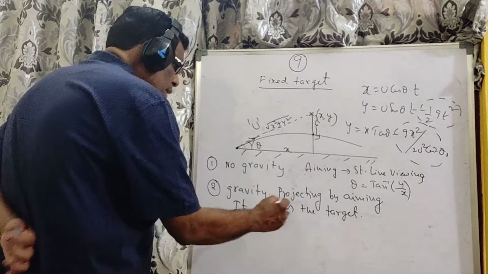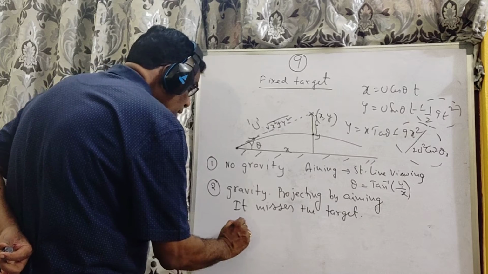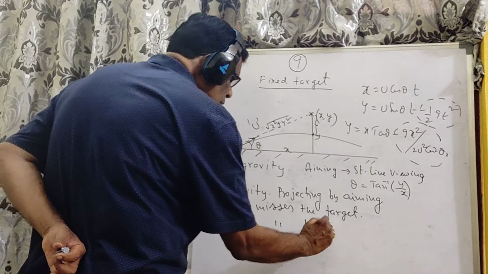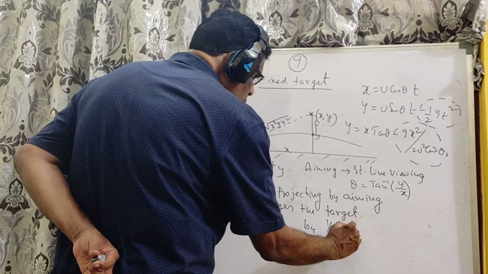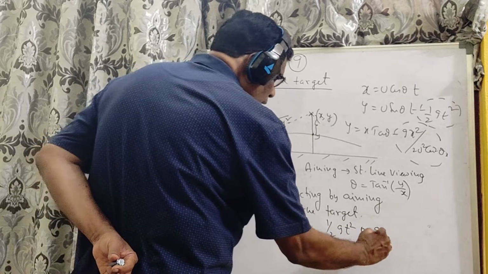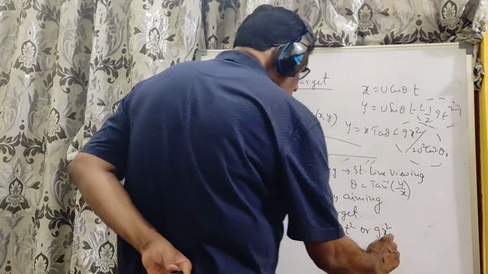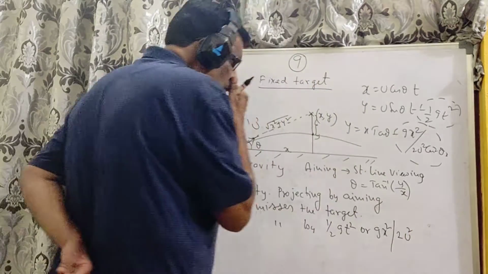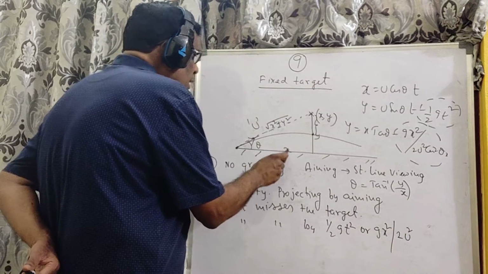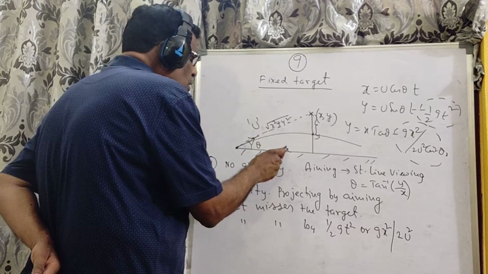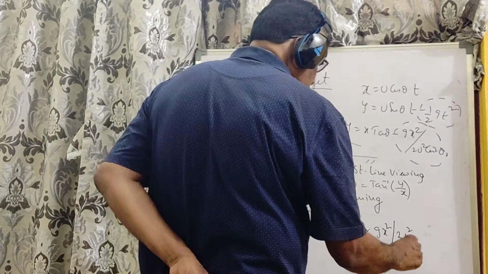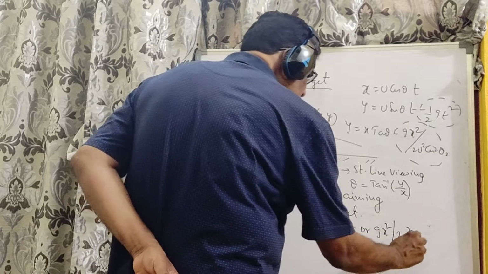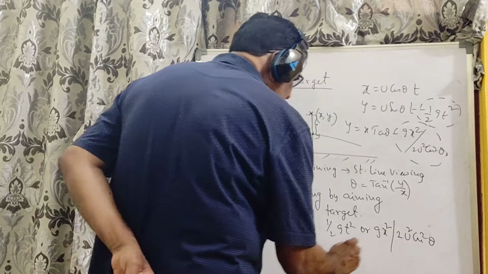By what distance does it miss? If you know time, it misses by half gt square, or gx square by 2u square cos square theta. I told you what cos theta is: x by root of x square plus y square.